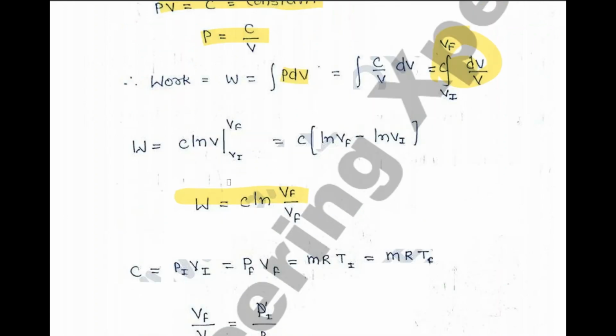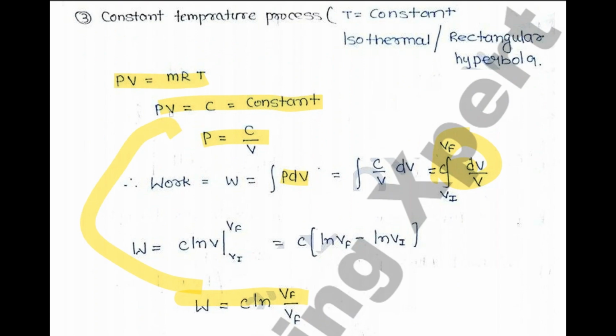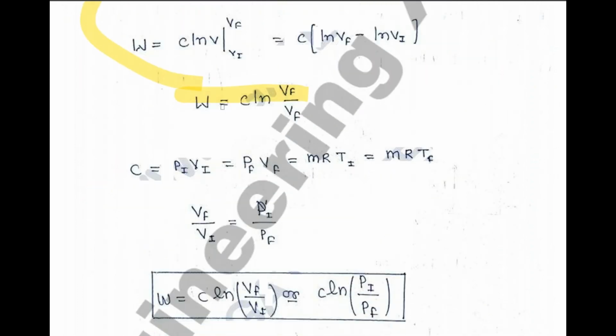This C can be found from PV equals C, so we must know at least the initial condition. By that we can find C, put it here, and find the work.